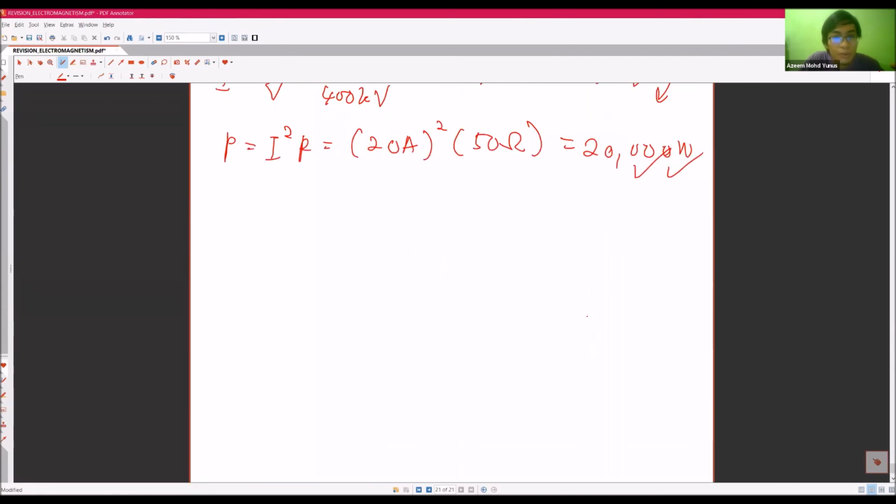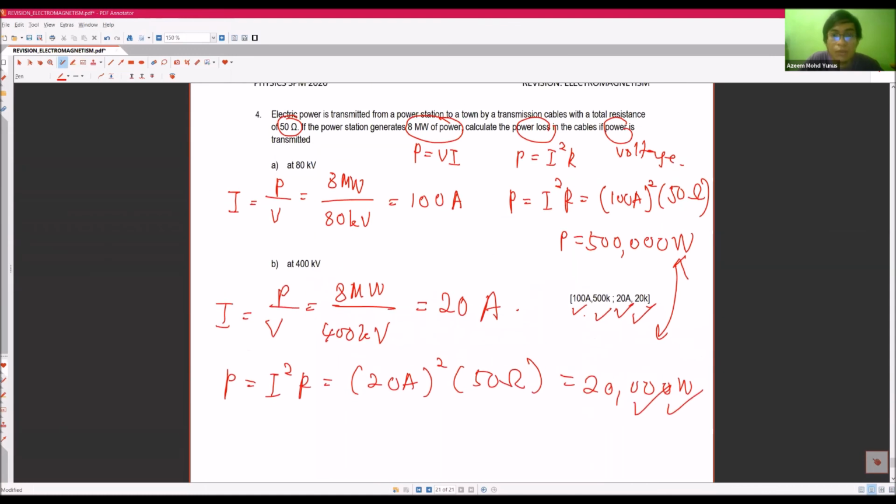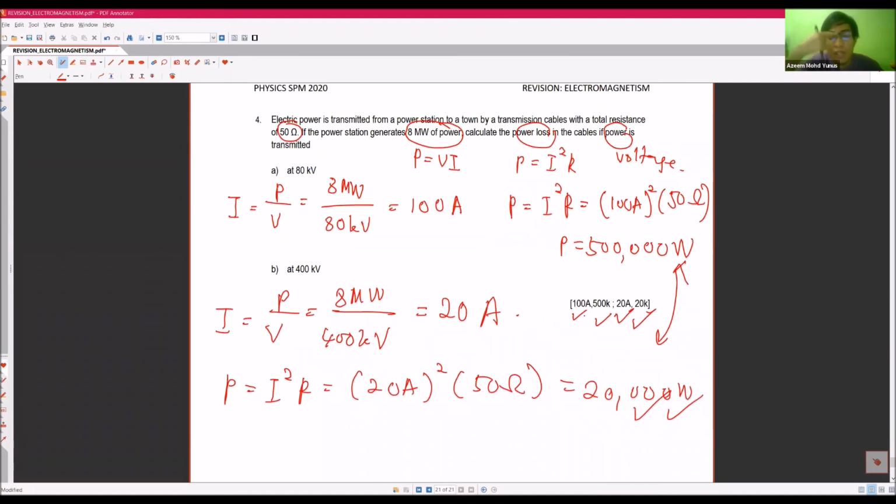Okay, that's all for today. I hope that you understand the concept of transformer, how to explain the working principle of transformer, how to use the calculation, the ratio, to find the output voltage or output current or input voltage, input current, efficiency. If the transformer is ideal, you don't need the efficiency formula. You just use direct V_I equal to V_O.